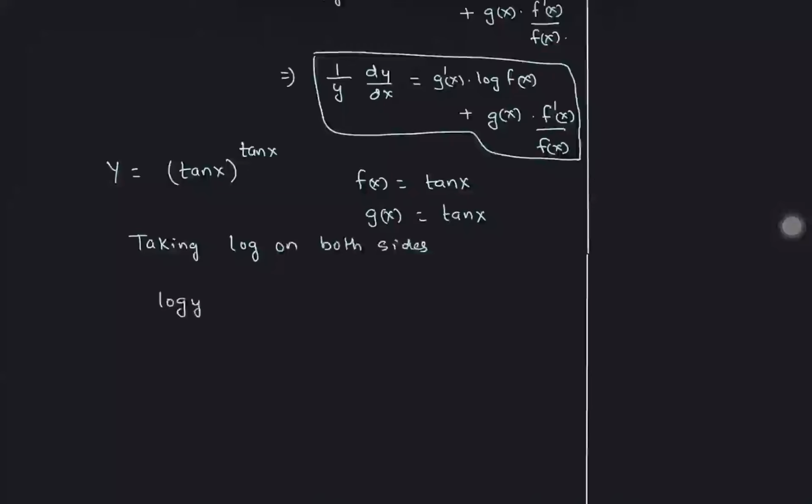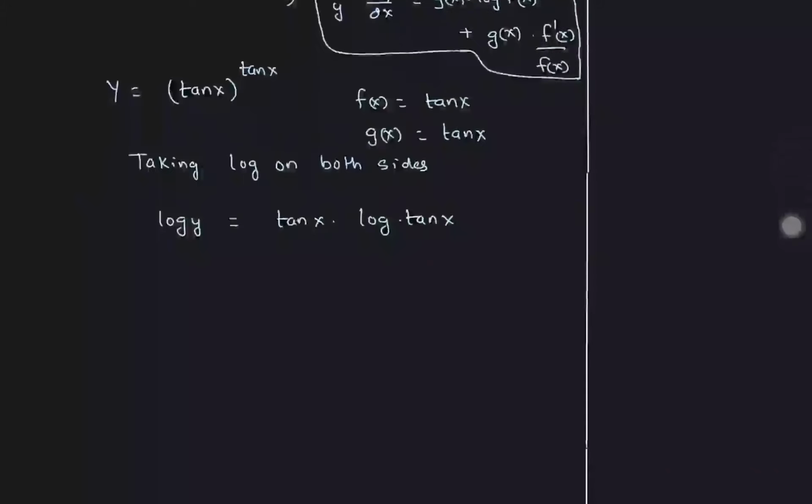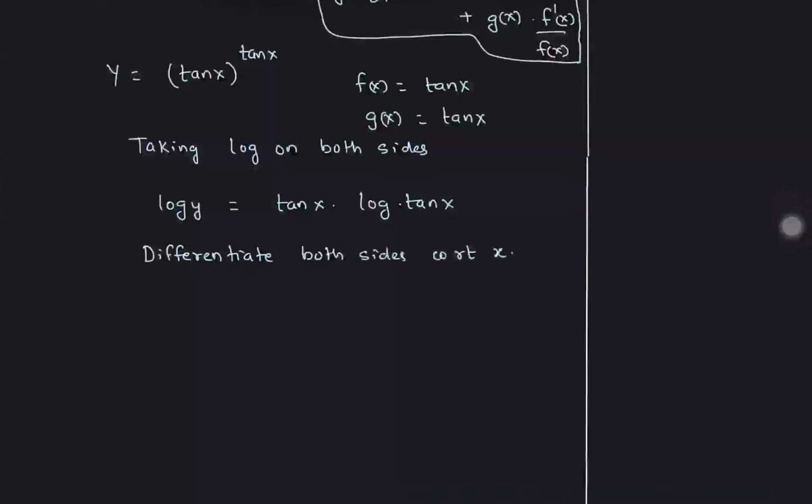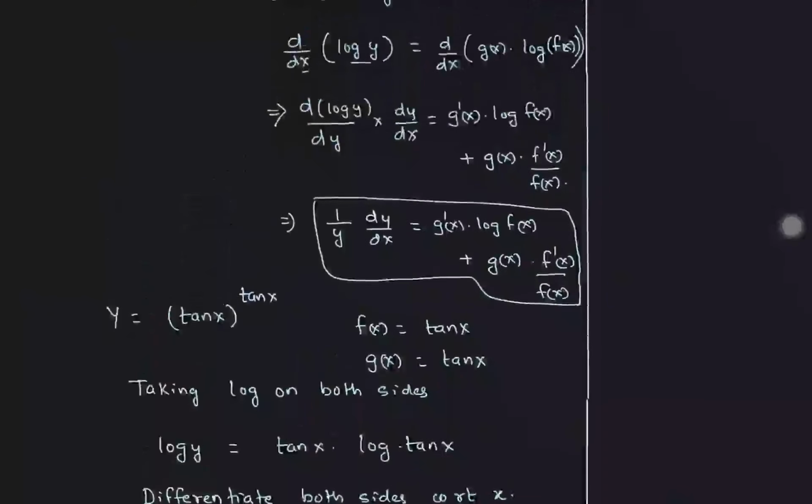Log of y will be equal to tan of x multiplied to log of tan x. I have just omitted one step. I hope this is clear, because we have generalized that. Now we will differentiate both the sides with respect to x. So in that case, I'll directly use this part.